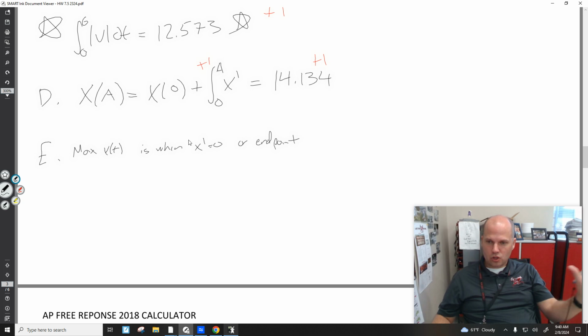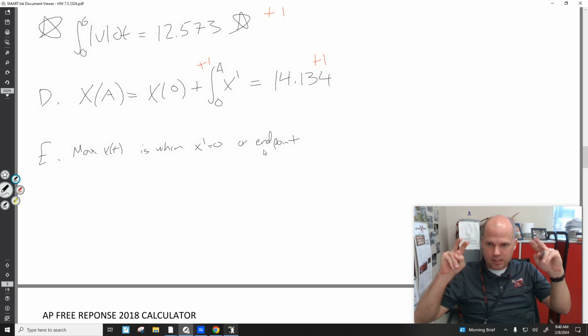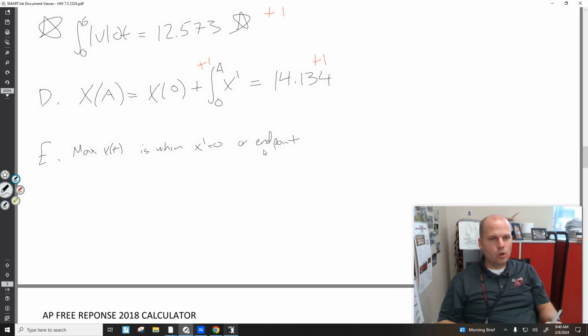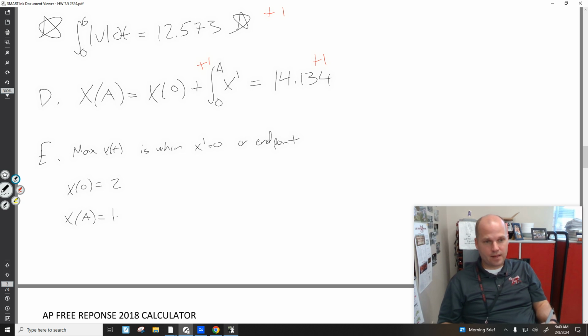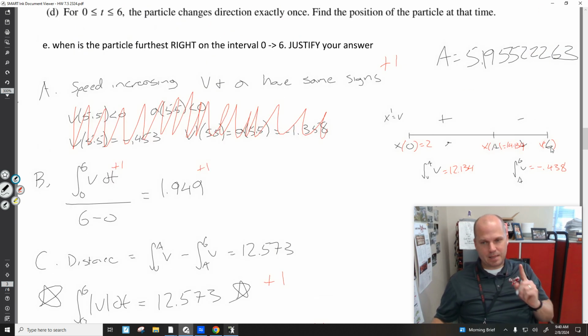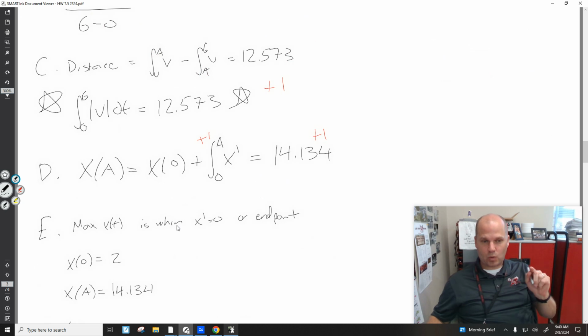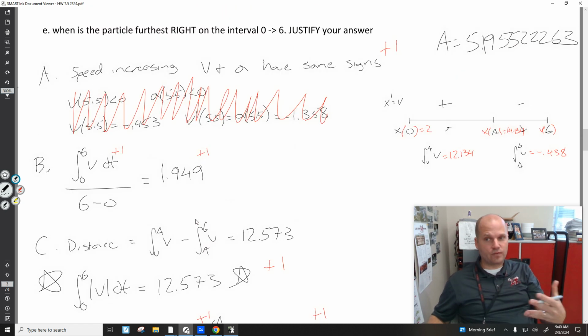This is where you show you understand the extreme value theorem. This is where candidates come from. You then list off your candidates. You already wrote down how you found x of A. You do have to include, even though you know it's not going to be a max, if you do it this way, all of the candidates.